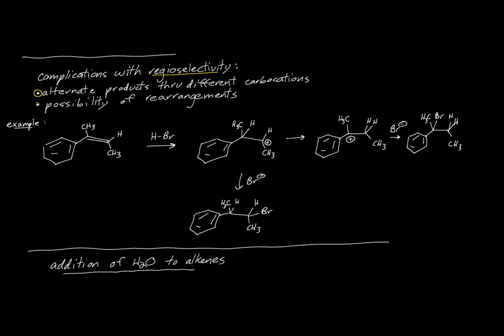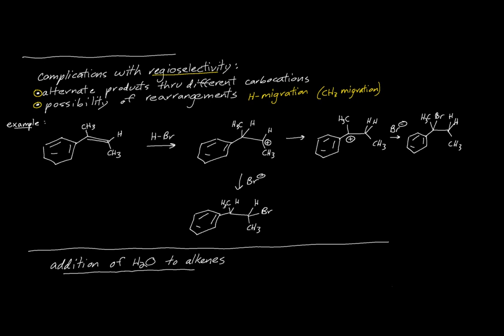We also have the possibility of rearrangements, and here we're going to focus on hydrogen migration, which is one type of rearrangement. You may also read in your book about methyl group migration. We're going to hold off on that for now.